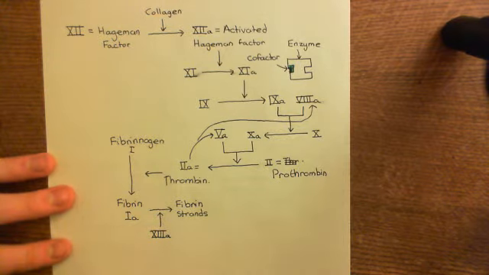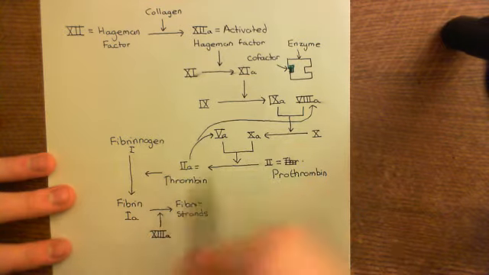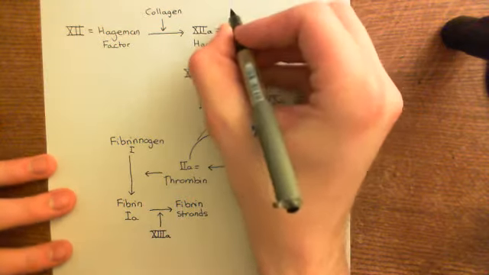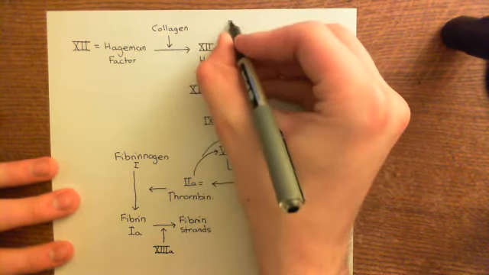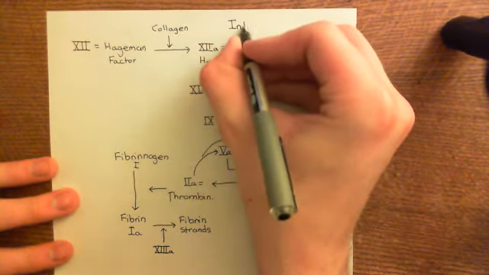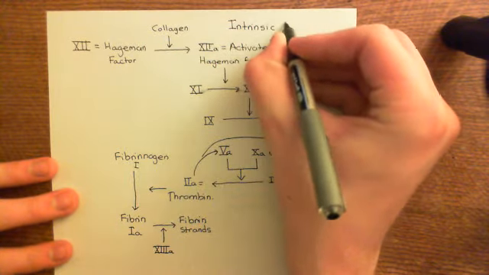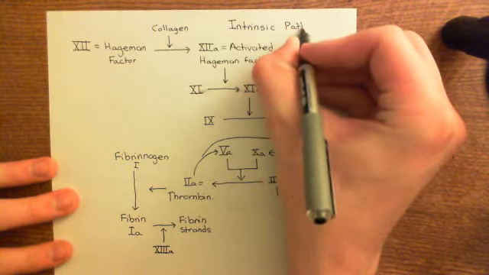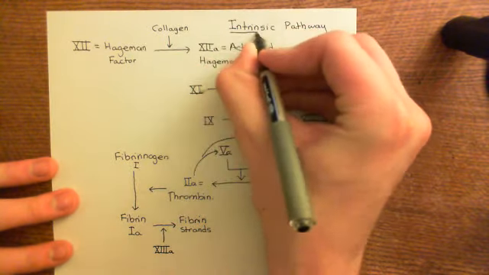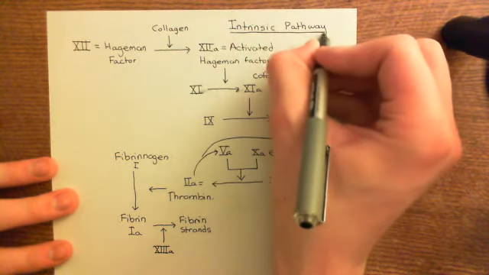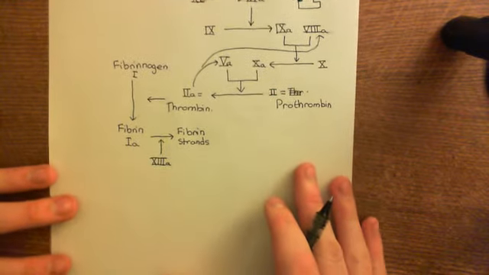So basically this is a positive feedback loop by which this intrinsic coagulation cascade, and I should have written that actually first, this, by the way, is the intrinsic coagulation cascade, or the intrinsic pathway. So this is the intrinsic pathway for how you can bring about coagulation, how you can bring about the production of fibrin strands. Okay. Now let's discuss the extrinsic pathway, which is another pathway for producing fibrin strands.